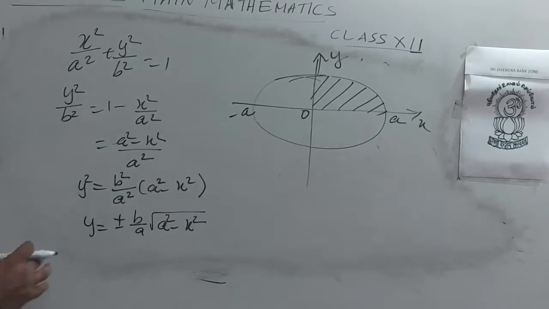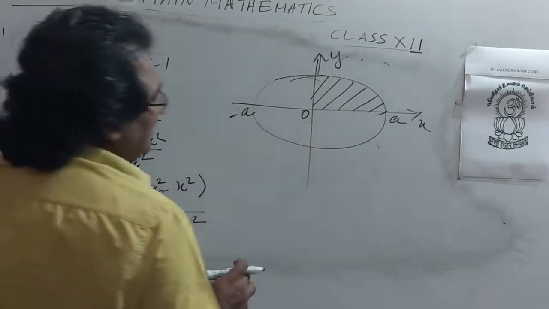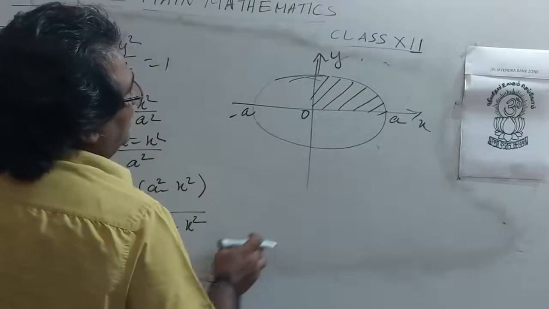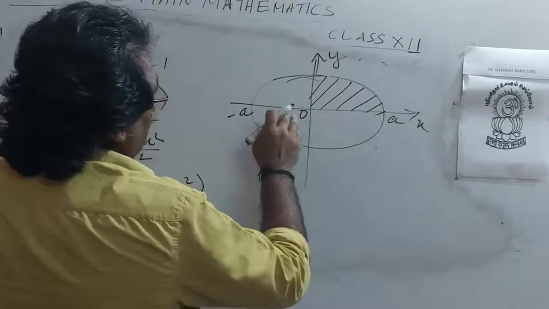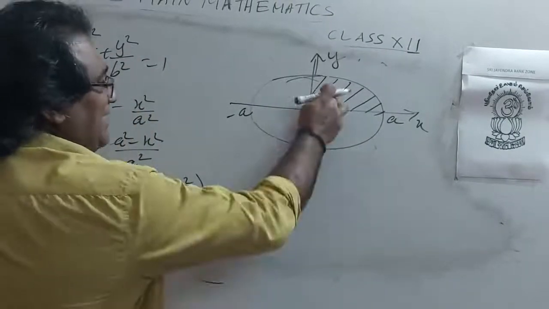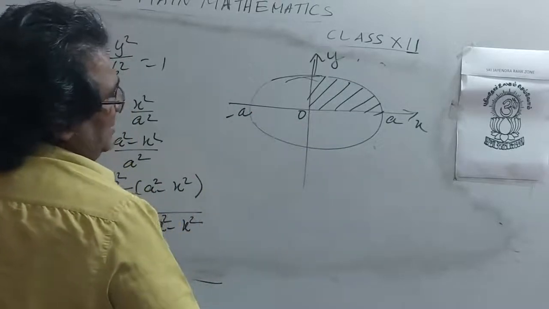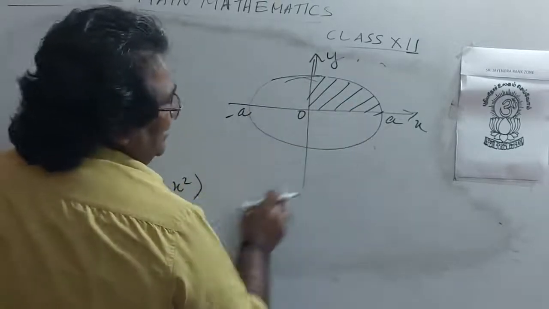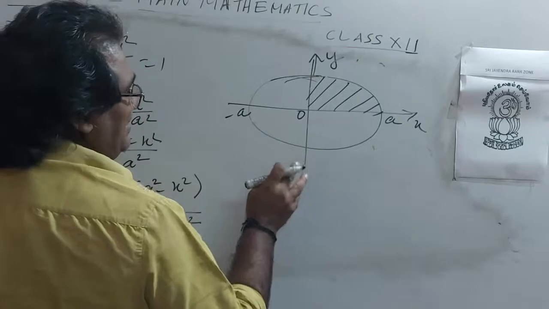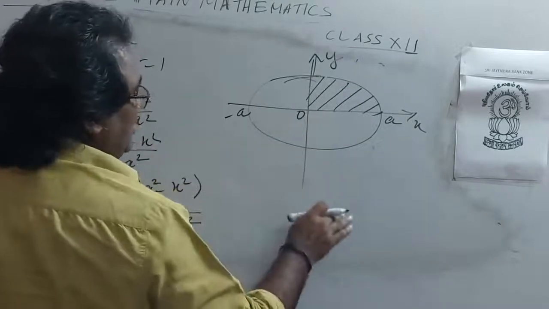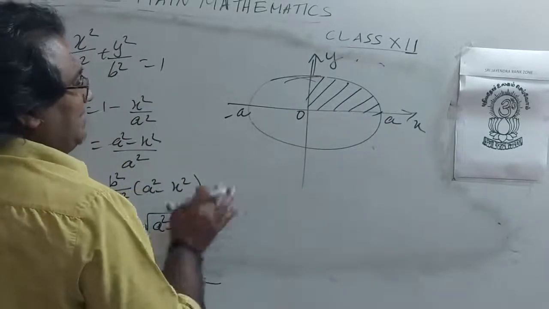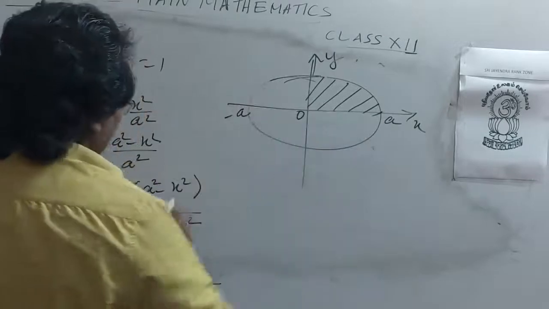To find the area of the ellipse, it is better to note that the ellipse is symmetrical about both the x-axis and y-axis. The areas in all quadrants are equal. Find the area in the first quadrant and multiply by 4; it will give the total area of the ellipse.